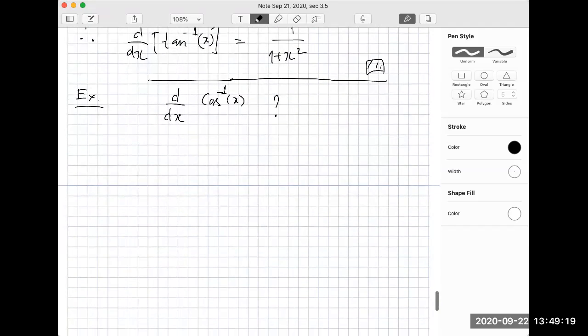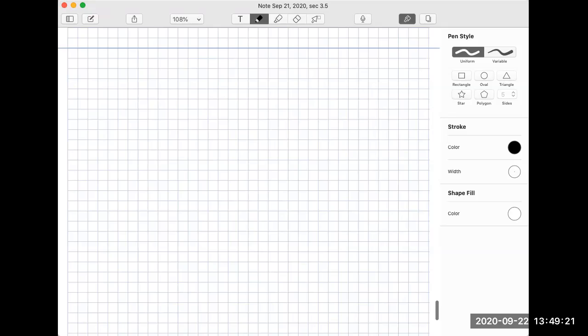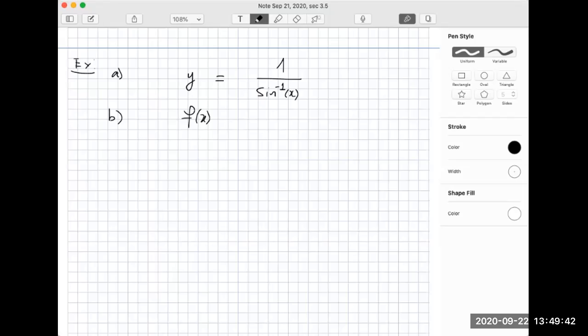So now, let us take a look at this example. Differentiate the function y is equal to 1 divided by the inverse function of f, if we're given f of x is x arctan square root of x.